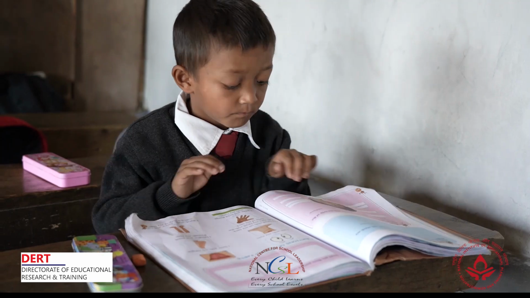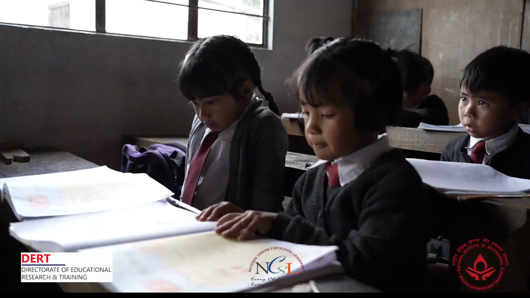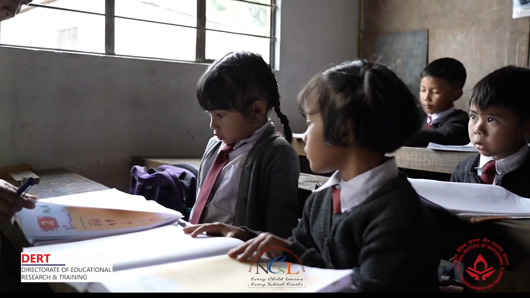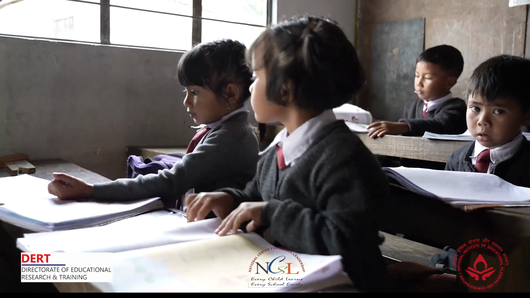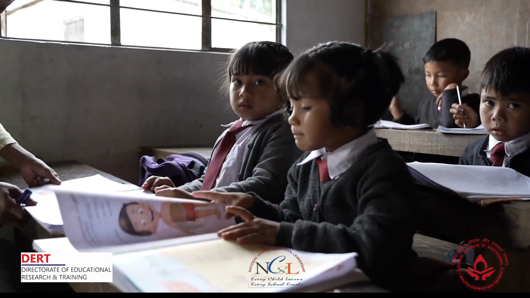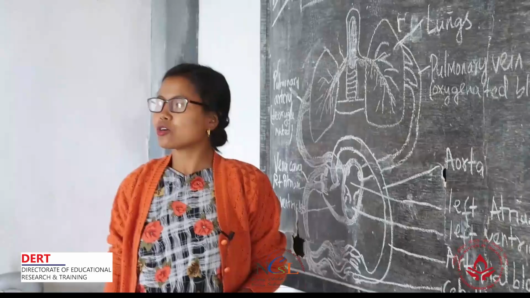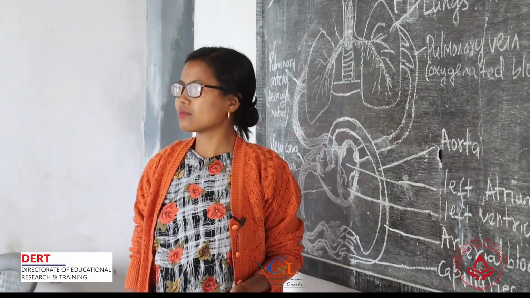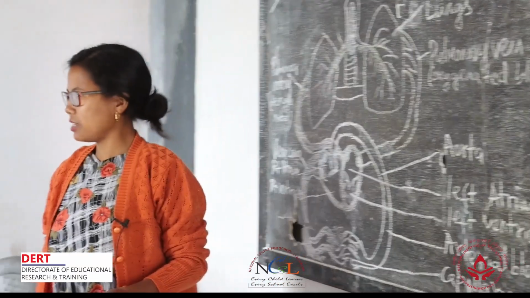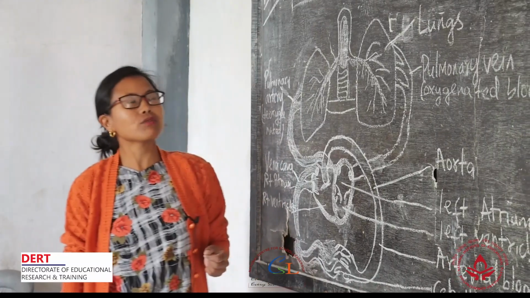Earlier we had to spend lots of time to go through and evaluate which textbook we could prescribe in our institution. But now, with the LOs, I find it easier because the outcomes have been stated and we can easily select a textbook which caters to the demands of those outcomes.